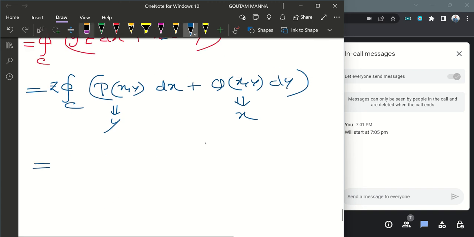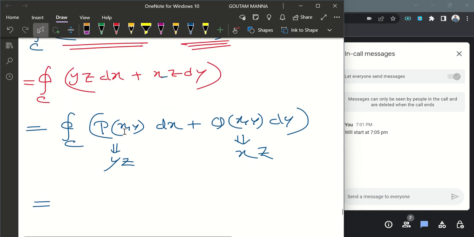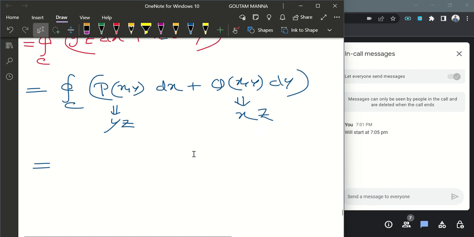But you can also put z inside, no problem. So p of xy will be yz and q of xy will be xz. Since z is a constant, we are not writing p as a function of xyz, we are writing it as only x and y.